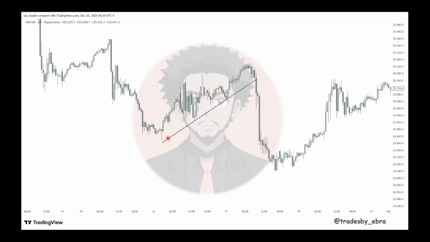Price is going to come back to them, and that is liquidity. All of these candles are encapsulated, with only a few candles. All this movement with only a few candles. You don't want to be trading this move. You want to be trading such moves.